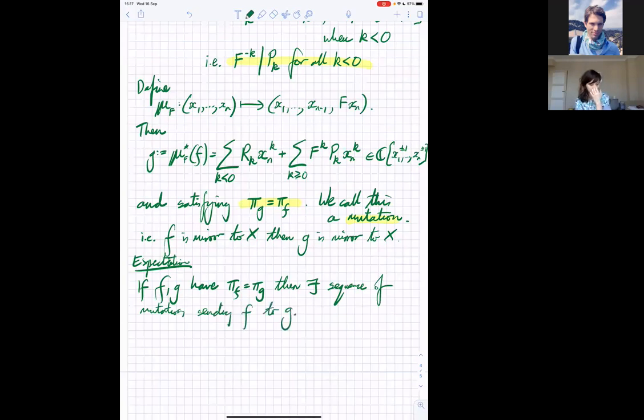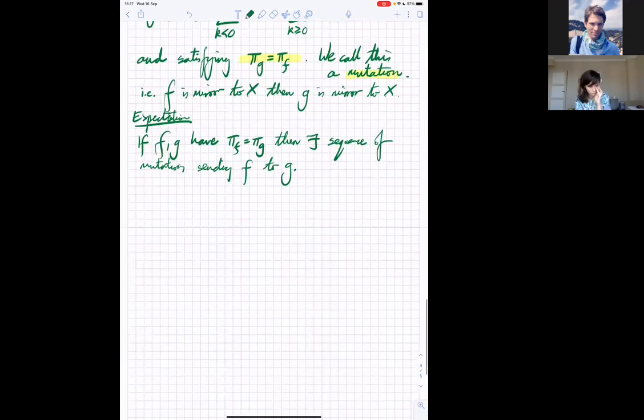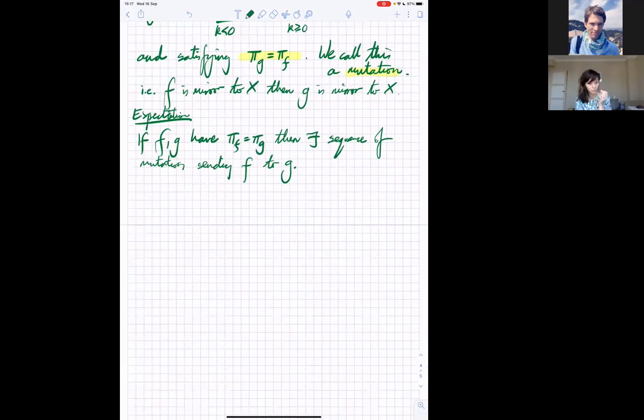Okay. And let me see, how are we doing for time? Okay, I think this is fine. Let me just do one example, the only example of a mutation I'm going to do, just to make this concrete. So let's start with our mirror for P2 again, and let me just change coordinates.